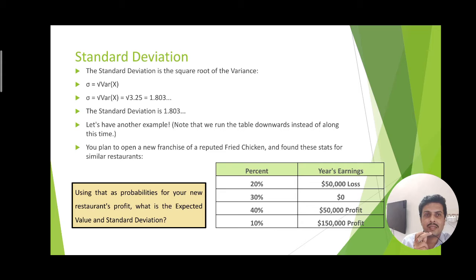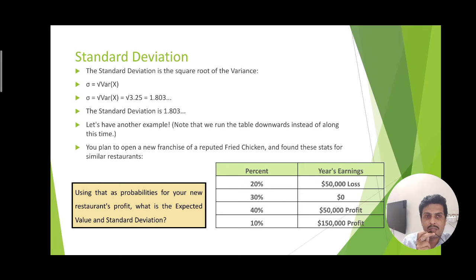Here an example is given where you plan to open a new franchisee of a reputed fried chicken center and found the statistics of similar restaurants. Here two columns are given, that is the percentage of cases of the survey you have done and the yearly earning.